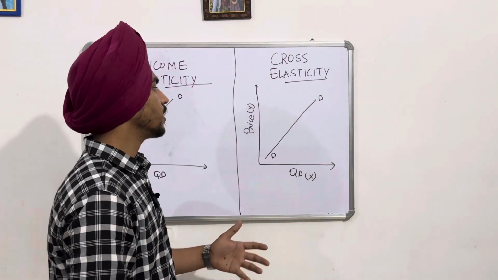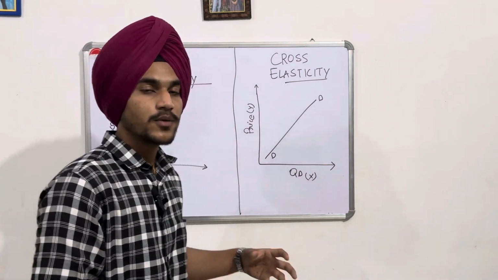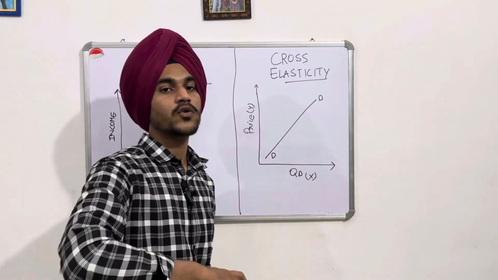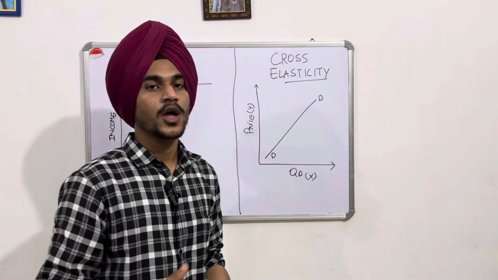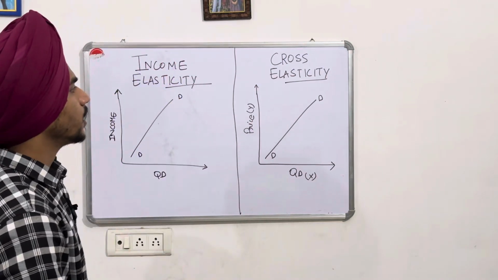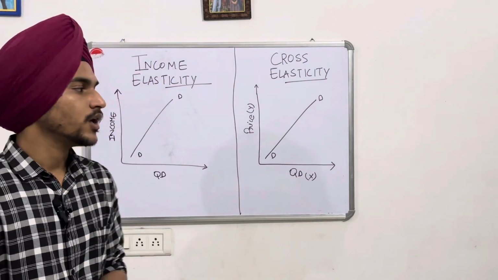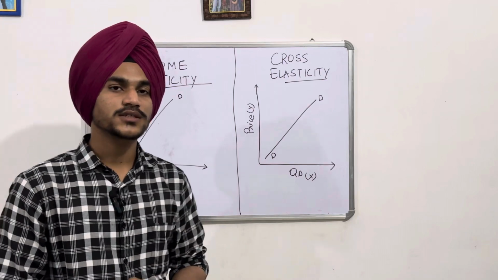Very general thing. If two goods are substitutes of each other, if the price of one increases, the quantity demanded of the other will also increase. These are two more elasticities that we have to learn in this chapter. Very easy, very simple concept.